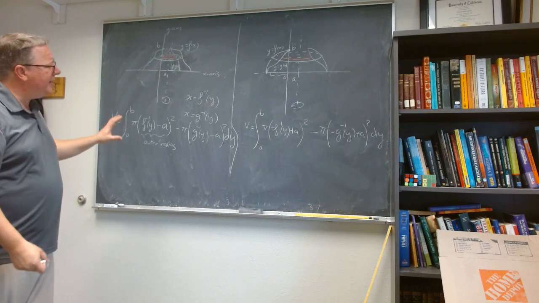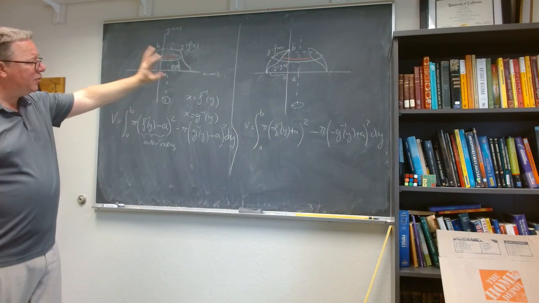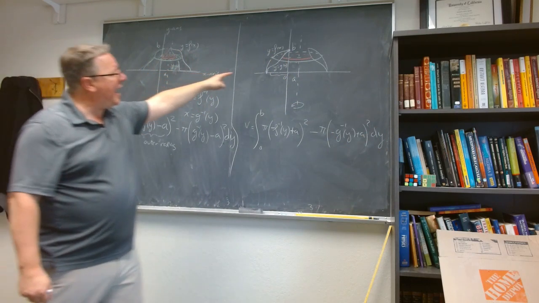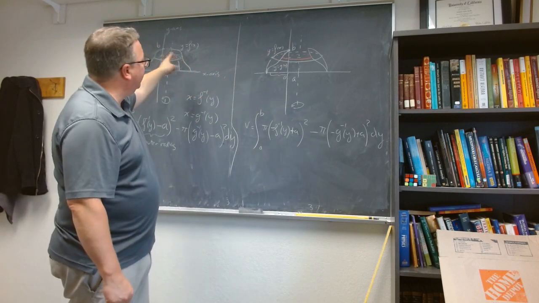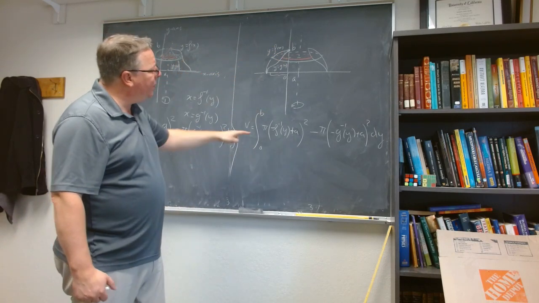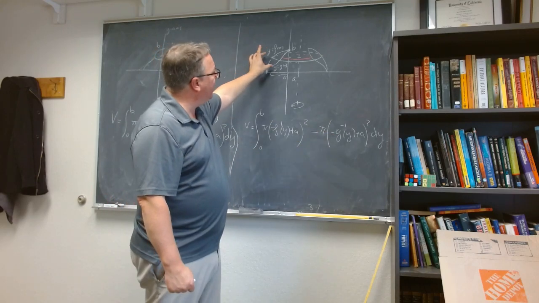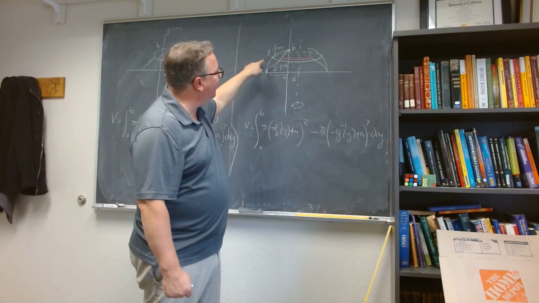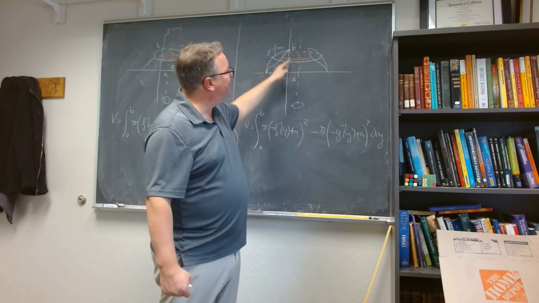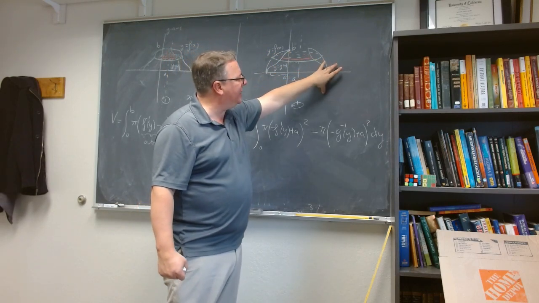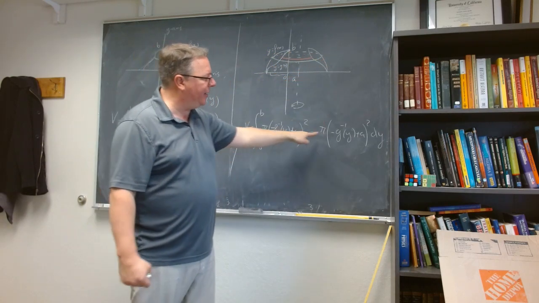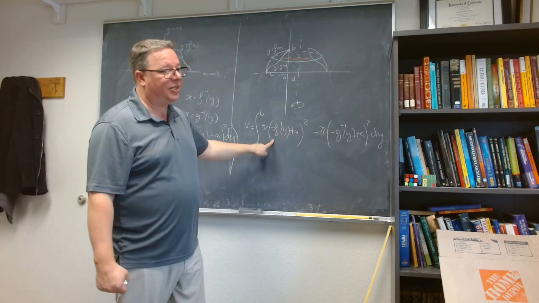So my point is, for all of these, you're going to have to draw the picture to see how the curve is affected and where it is. The reason why we have negatives that show up here is because the region we started with was on the left side of the axis. If I'd started with regions on the right side, I would have had positive values for my functions here.